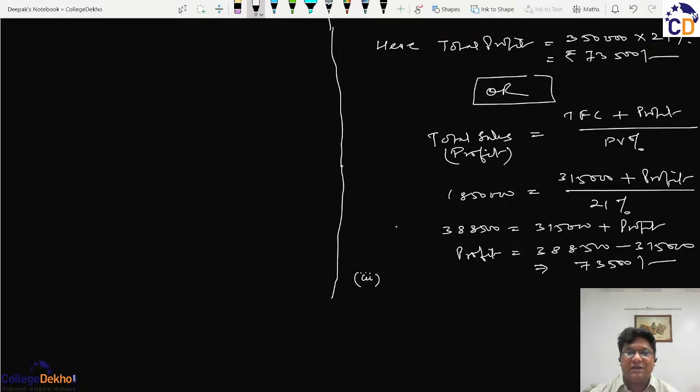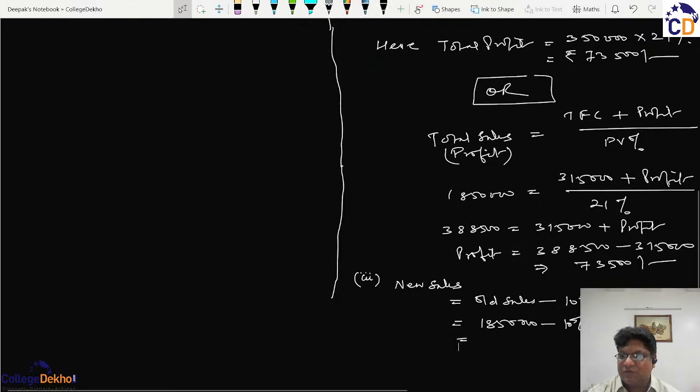So in the third case, the new sales which has reduced by 10% will be equal to the old sales, that is the budgeted sales, minus 10%. So the old sales that was 18 lakh 50,000 is reduced by 10%. So this figure will come out to be rupees 16 lakh 65,000.